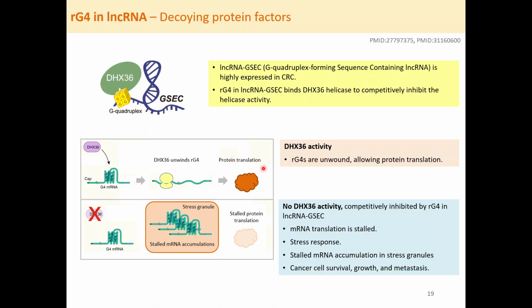With DHX36 being decoyed away and sequestered by lncRNA G-quadruplex overexpressed in colorectal cancer cells, or by DHX36 knockdown, the protein translation for these mRNAs is stalled. Instead, the stalled mRNAs accumulate in stress granules and are linked to cellular stress responses that ultimately promote cancer cell survival, proliferation, and metastasis.